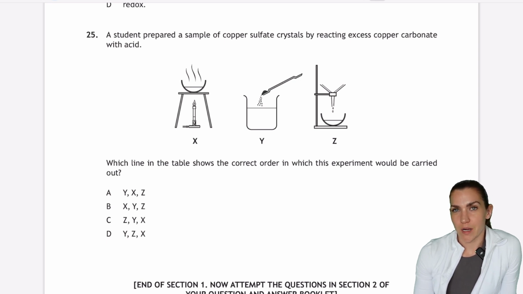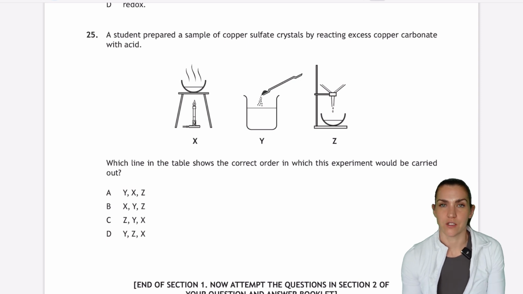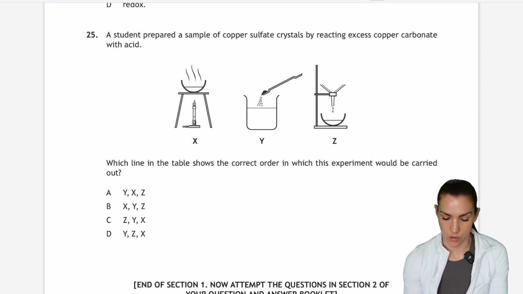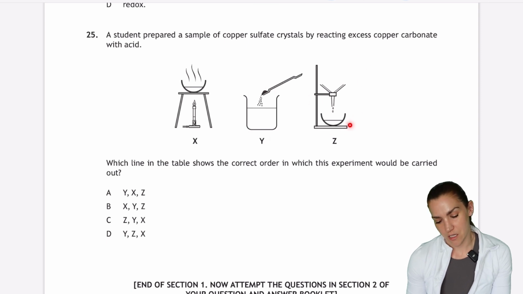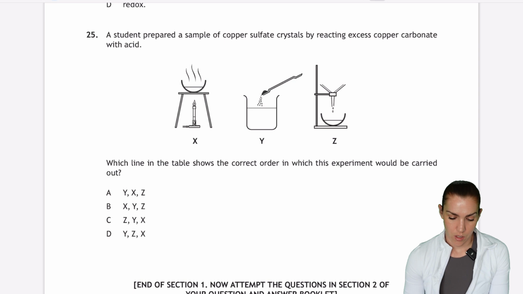But then some of the copper carbonate won't have reacted, so you'll have solid bits floating around. So that means you would then need to filter it before you actually then go and evaporate off the water. So you would start off by adding your copper carbonate, you then filter off any excess solid, and then you evaporate off the water to get your dry sample of your crystals. So it would be Y, Z, and then X, which gives you D.